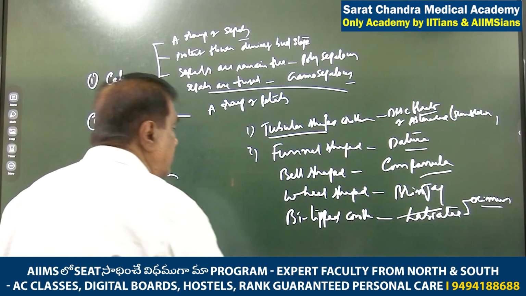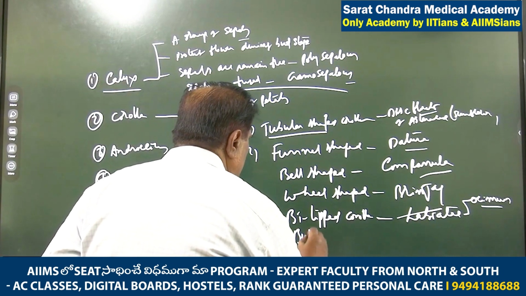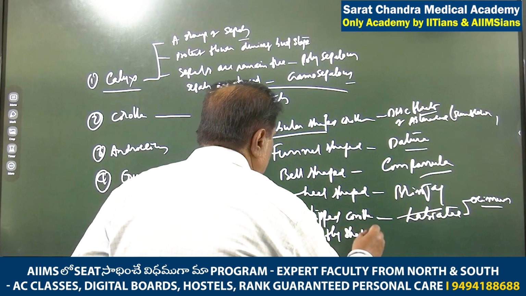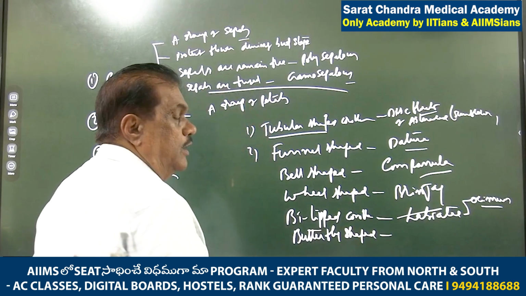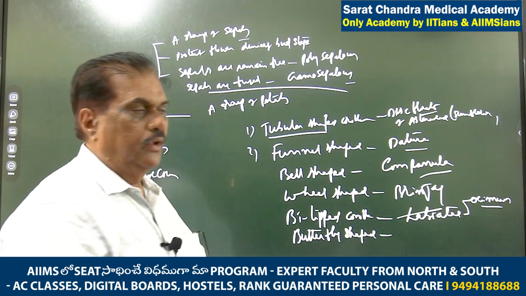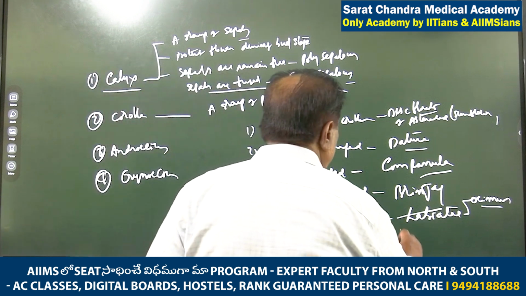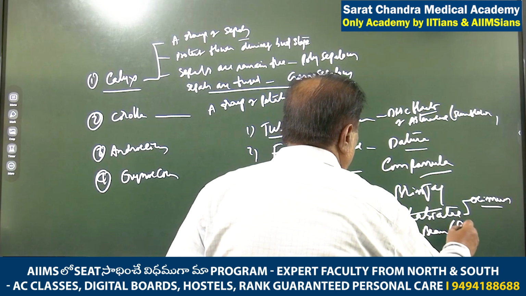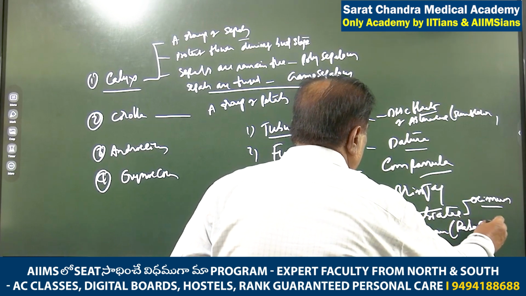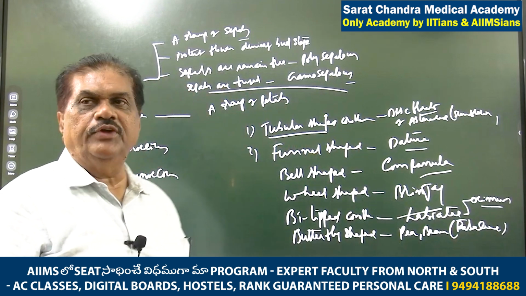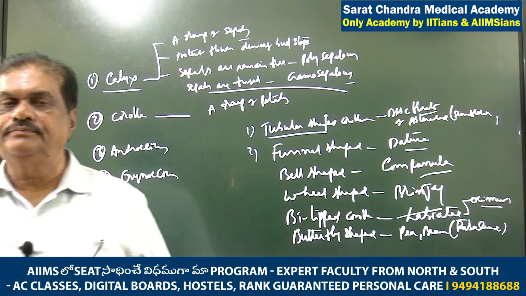Some are having butterfly-shaped corolla. Butterfly-shaped corolla can be observed in Fabaceae plants, that is pea plant and bean plant. So these are some of the shapes of corolla in plants.